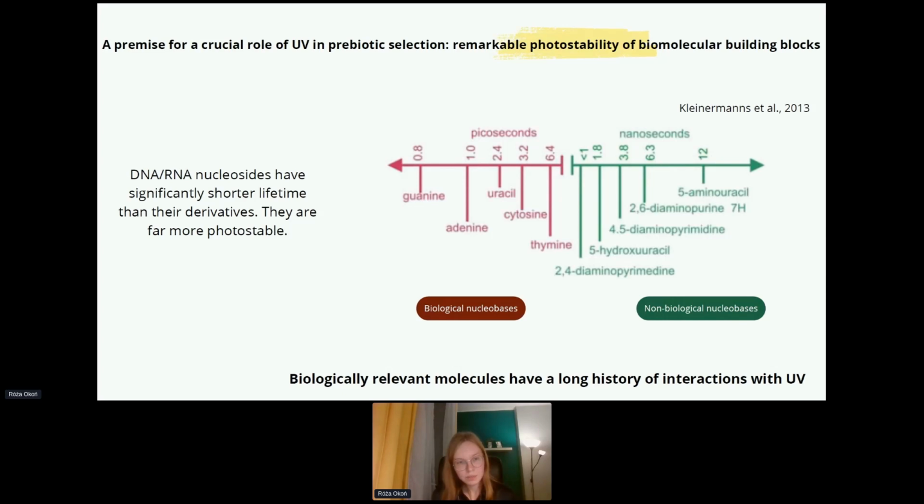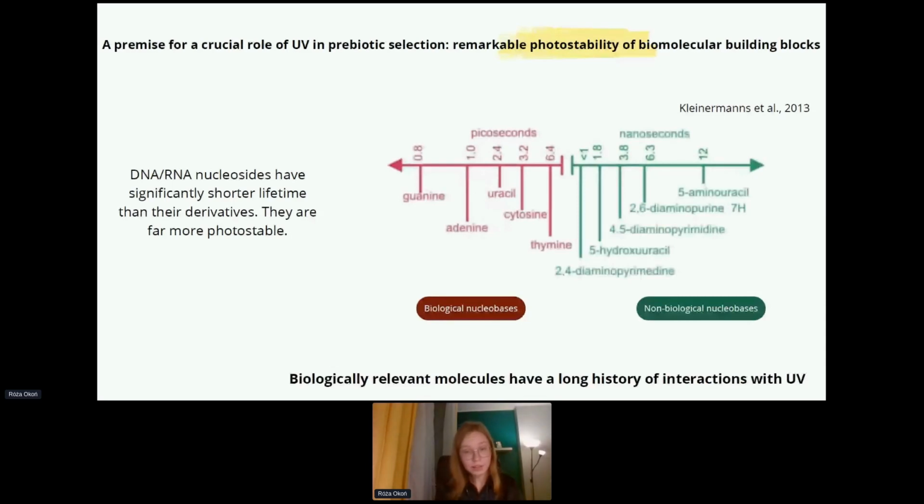And this suggests that the differences in lifetimes tell us that there is a significant difference in photostability of these biological and non-biological compounds. And it suggests that biological compounds could have a really long history of interaction with UV, and that it could indeed be a selection factor.